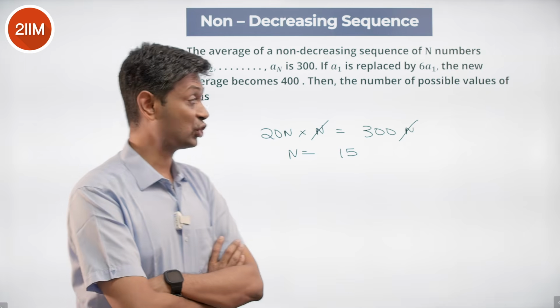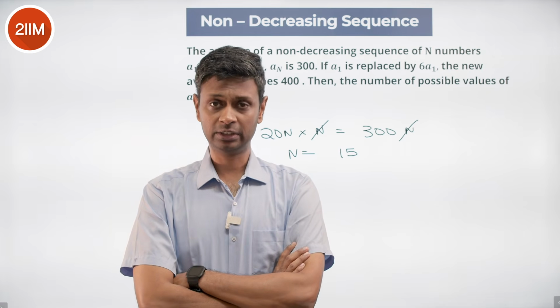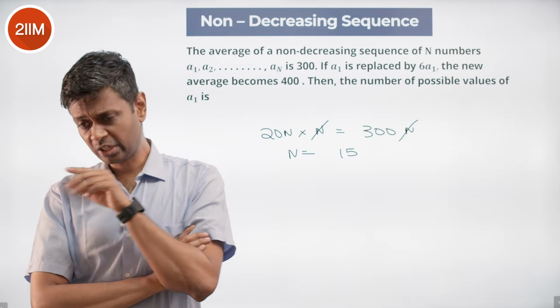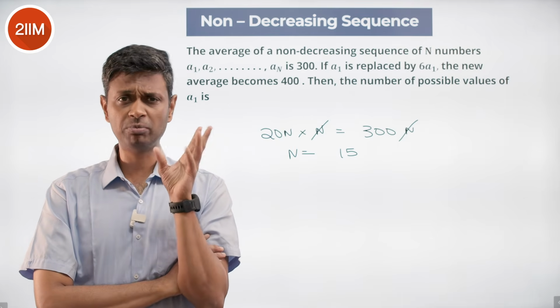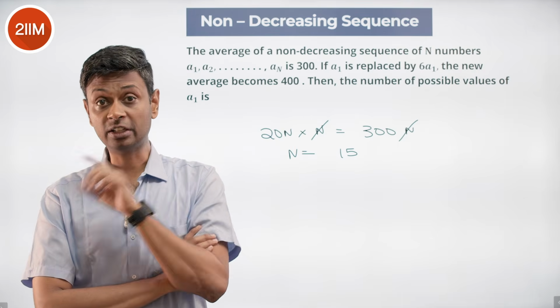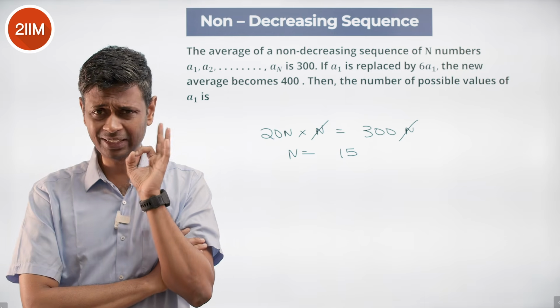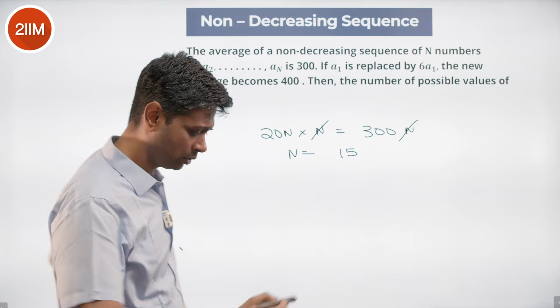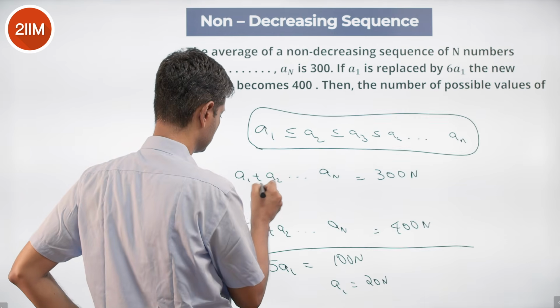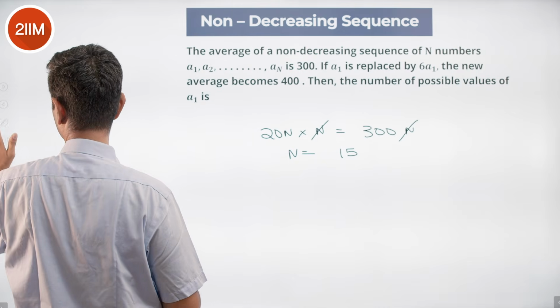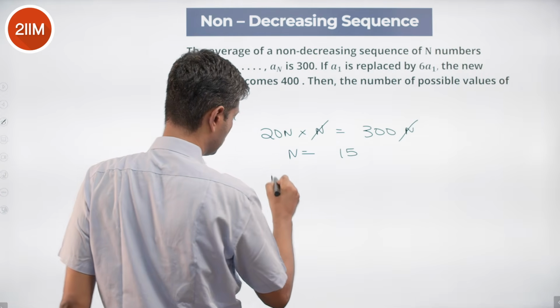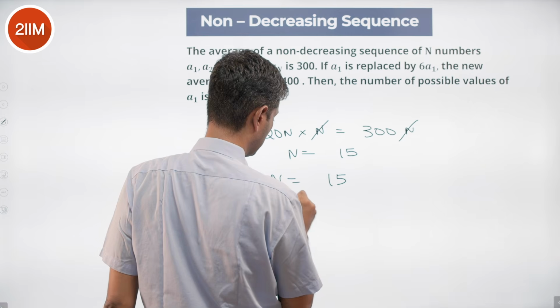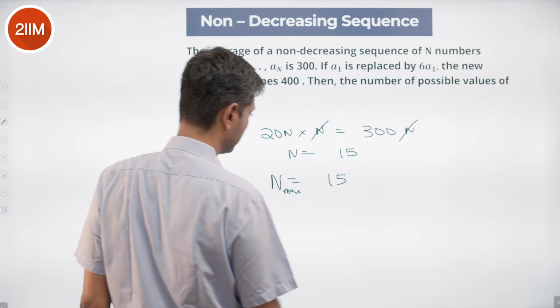That means if n were 16, with A1 being 20, even 20, 20, 20, 20, 16 times, it's an extreme scenario. If you still add up to 320, that's not possible. The maximum value n can take is 15.